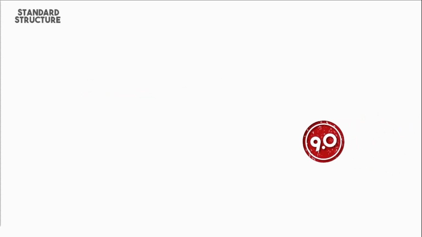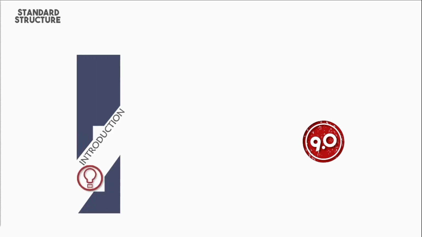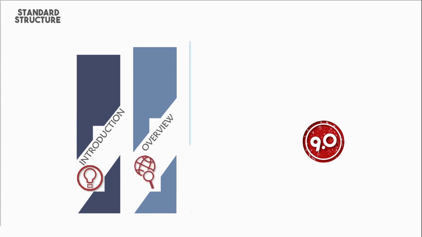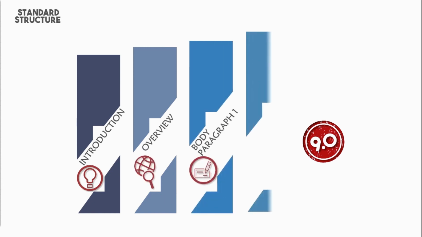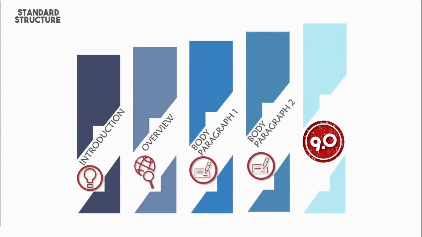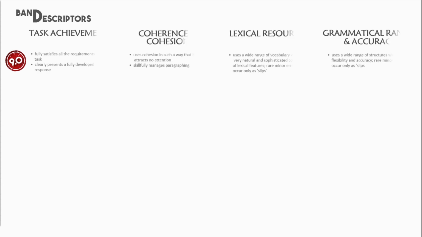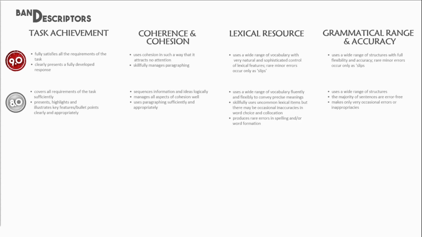Going further, this is the standard structure of a Band 9.0 report. It includes introduction, overview, body paragraph 1, and body paragraph 2. In addition to this, to get a band score of 9.0, we have to check the band descriptors for writing Task 1.